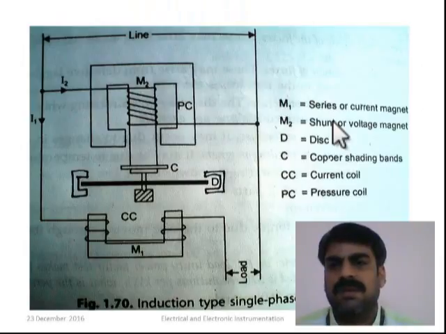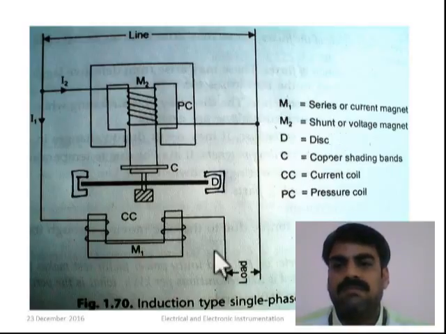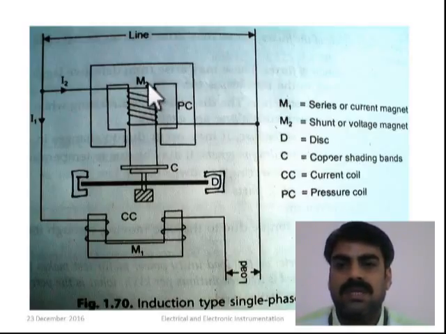This is the schematic sketch. There are two magnets, namely M1 and M2. As you can see from the shape, the M1 magnet is called the series or current magnet, which is U shaped, and M2 is the shunt or voltage magnet, which is M shaped, and on its central limb there is a large number of turns of fine wire, whereas M1 is wound with a small number of turns of heavy wire.